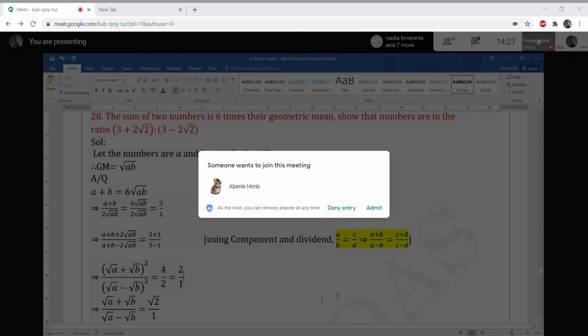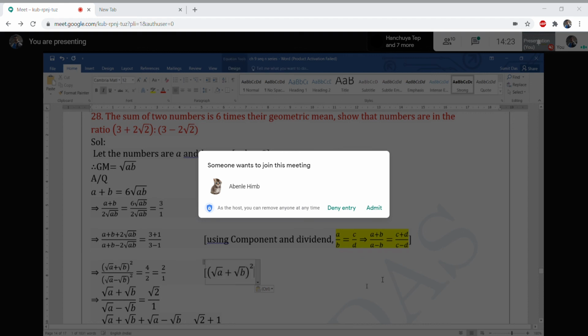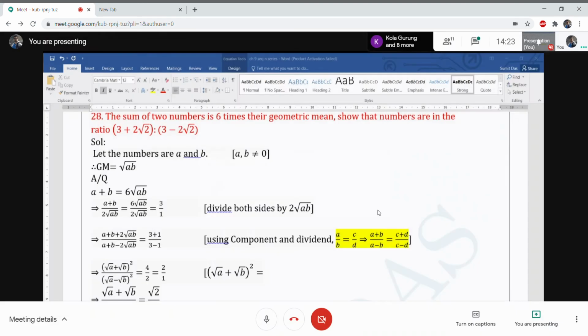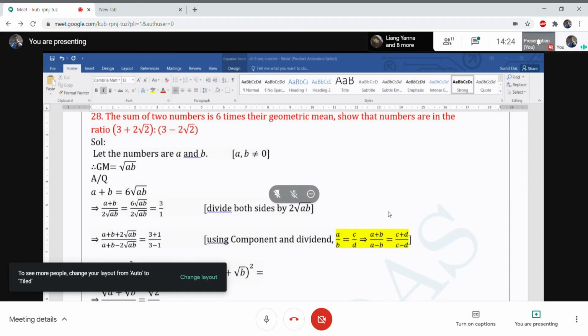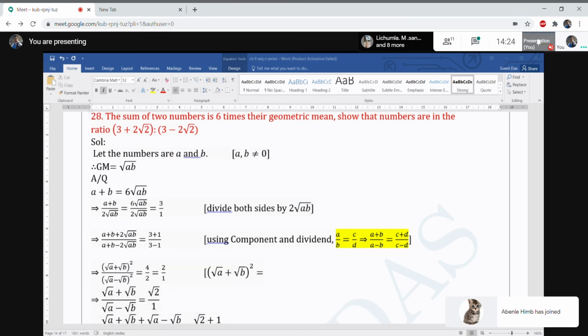Now here we are getting this a plus b whole square. Just to show you what this is, square root of a plus square root of b whole square. So just use the a plus b whole square formula. What is the a plus b whole square formula? It is a square plus b square plus 2ab. What is a here?